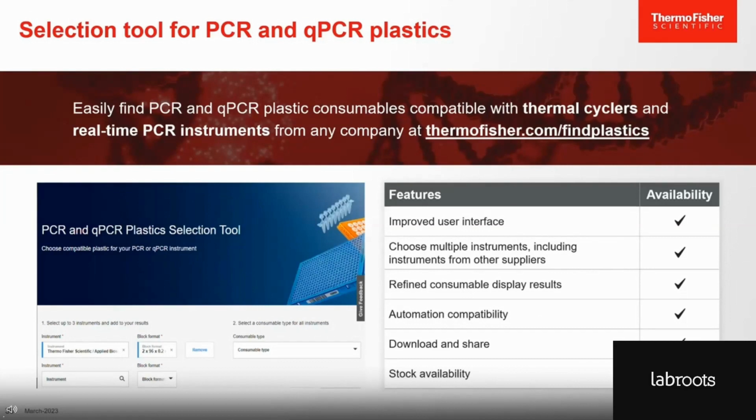Once the instrument is chosen in the Finding Plastics tool, it shows the block types available, and based on the plate format, the tool displays the results showcasing key elements like compatibility, barcoding, automation, along with an add to cart feature. There's also an optional feature of download and share, and lastly, one of the most important features, stock availability, is available before cart checkout.